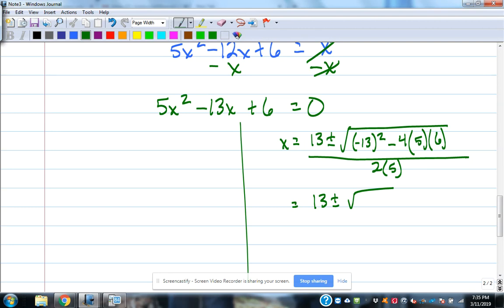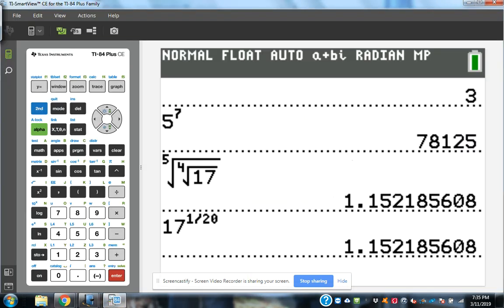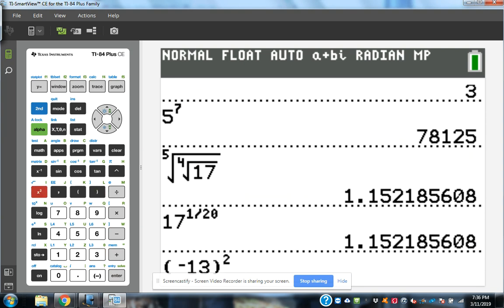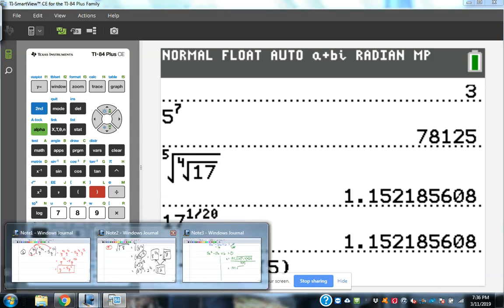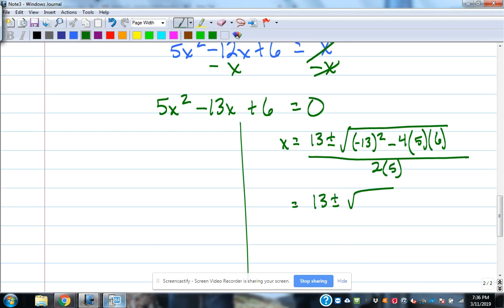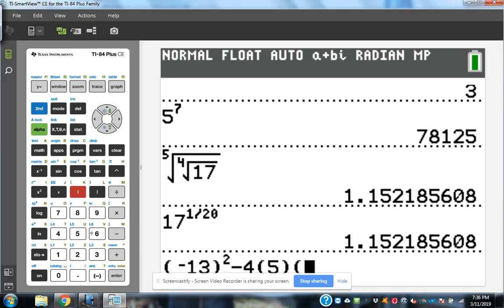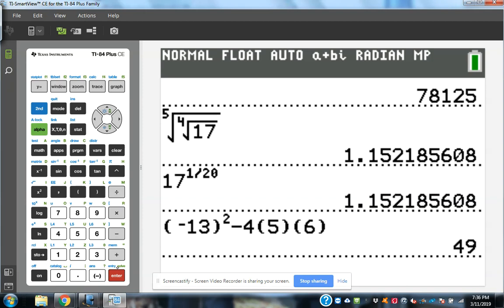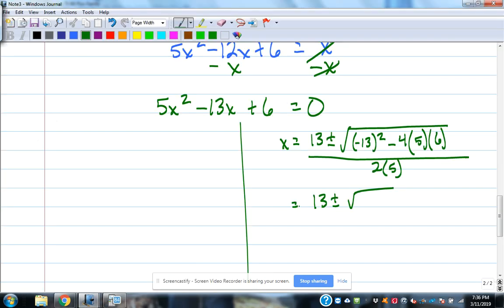So I got negative 13 squared, minus 4 times 5 times 6. That's going to give me the 49 that's underneath the square root. That works out real nice because we know the square root of 49 is 7, right? So 13 plus or minus 7 over 10.